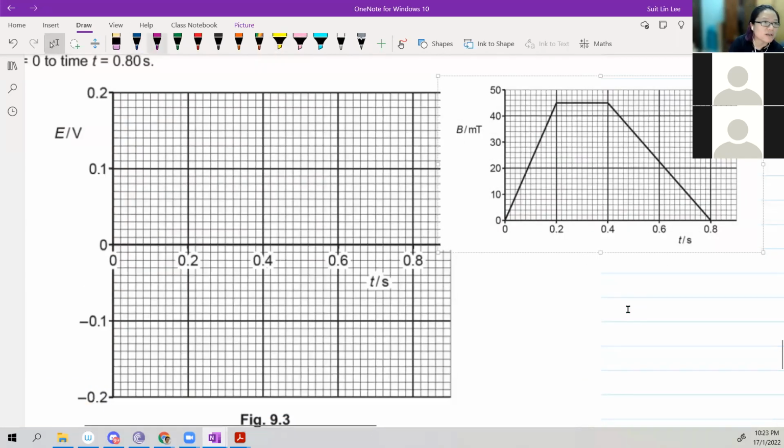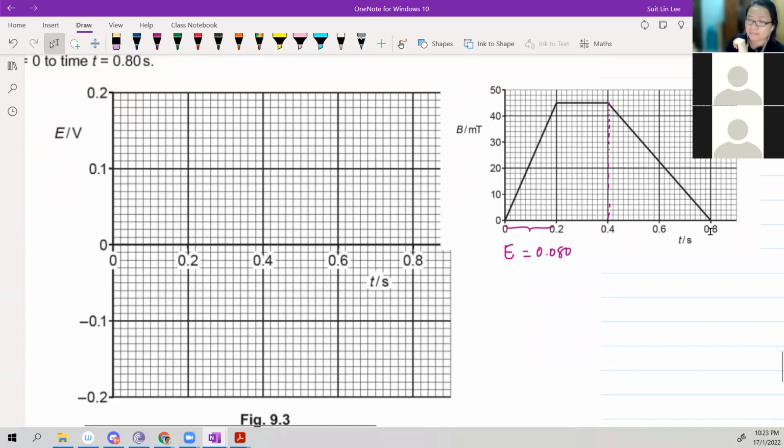Okay. So what have we calculated? We have calculated for the first 0.2 seconds, the induced EMF was 0.080. Is it a positive, negative? You decide. Okay. But let's look at this one. This part, the decrease is the same. You still went from 45 to 0, but you took double the time.